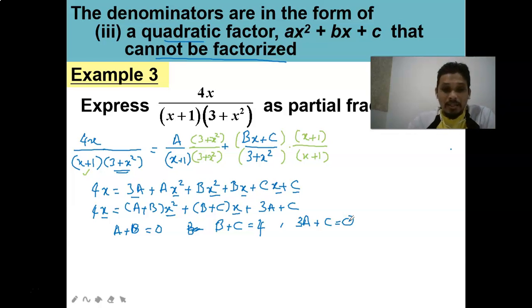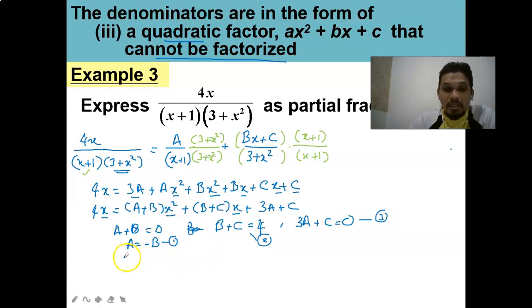Now look at this one. The first equation, A plus B, B plus C, and 3A plus C. I'm going to make some adjustment by making A equal to negative B, and substitute this. This is equation 1, equation 2, and equation 3.